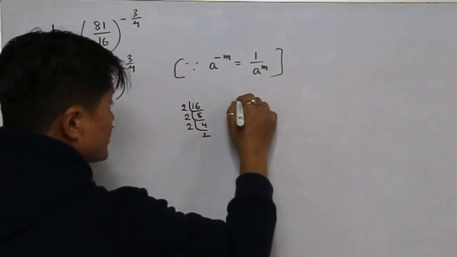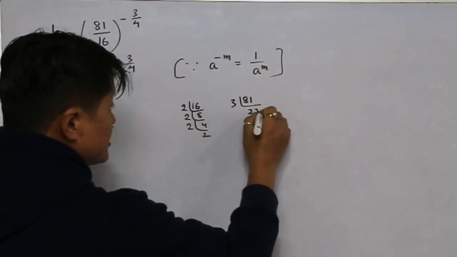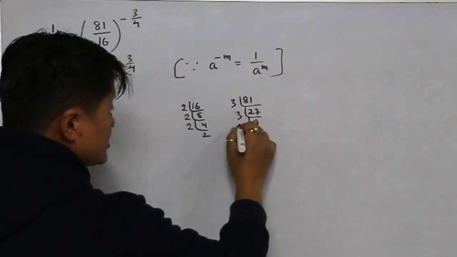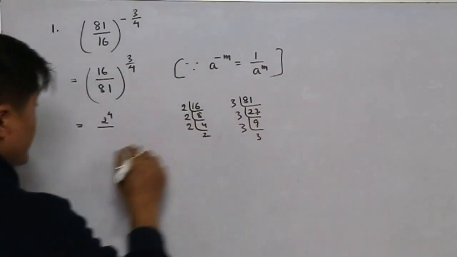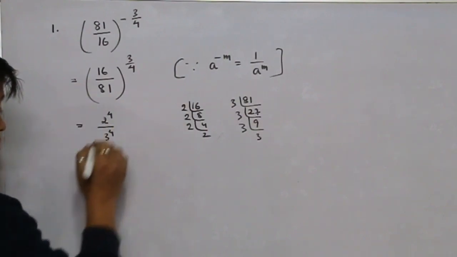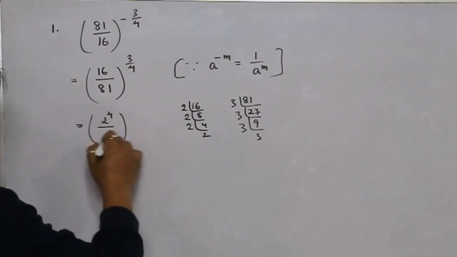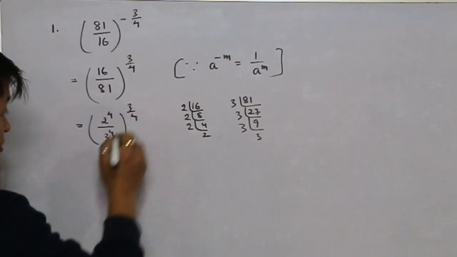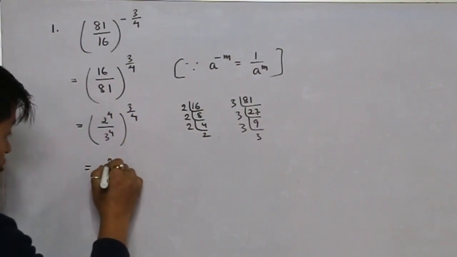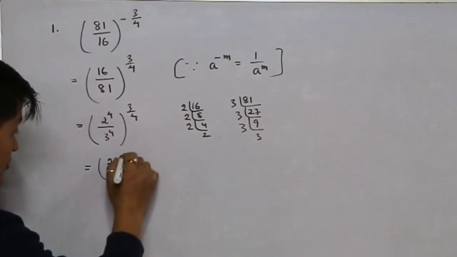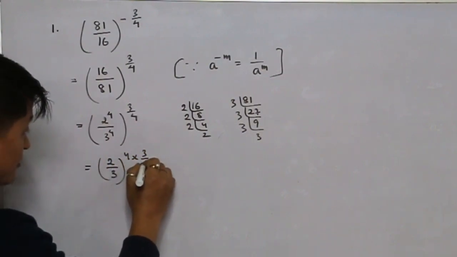Similarly, 81 can be written as 3, 27, 3, 9, 3, 3. 1, 2, 3, 4. So 3 to the power 4 will give you 81, whole to the power 3 by 4. So this can be written as 2 by 3 whole to the power 4 into 3 by 4.